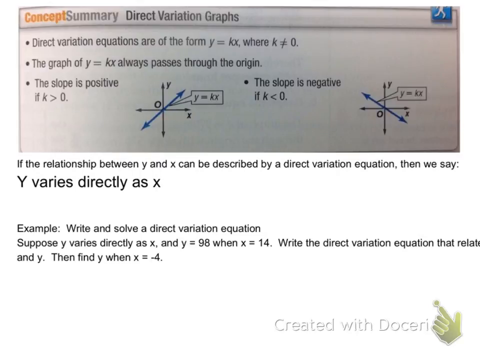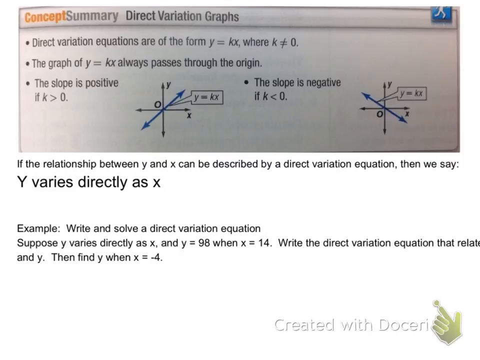We just highlighted that with our last two problems. Great. The biggest thing now, guys, is the wording underneath that box. If the relationship between x and y can be described as direct variation, then we can say y varies directly as x.